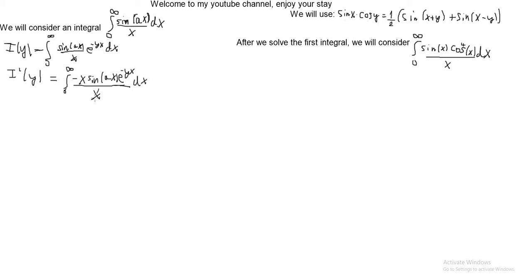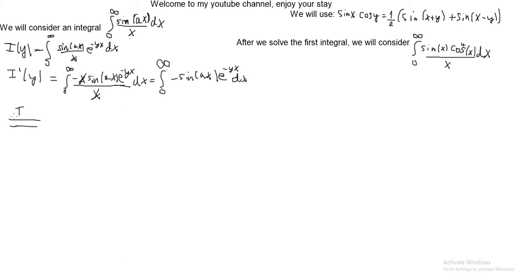We will cancel out the x's and we are left with an integral from 0 to infinity of minus sine of ax e to the negative yx dx. This integral is easily solved by integration by parts.